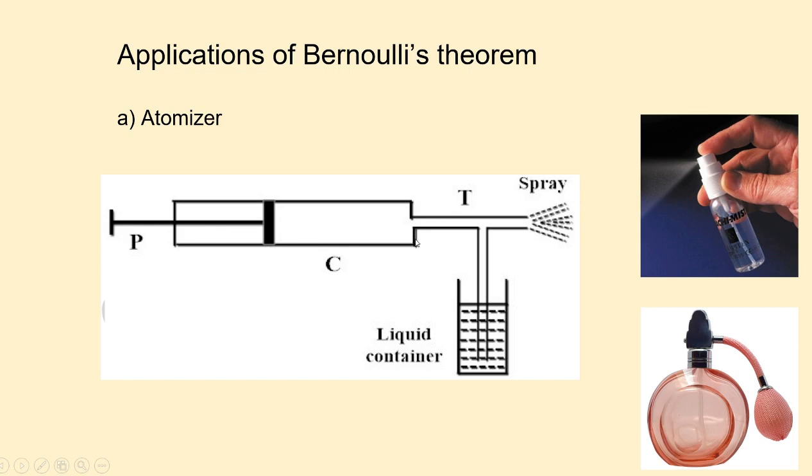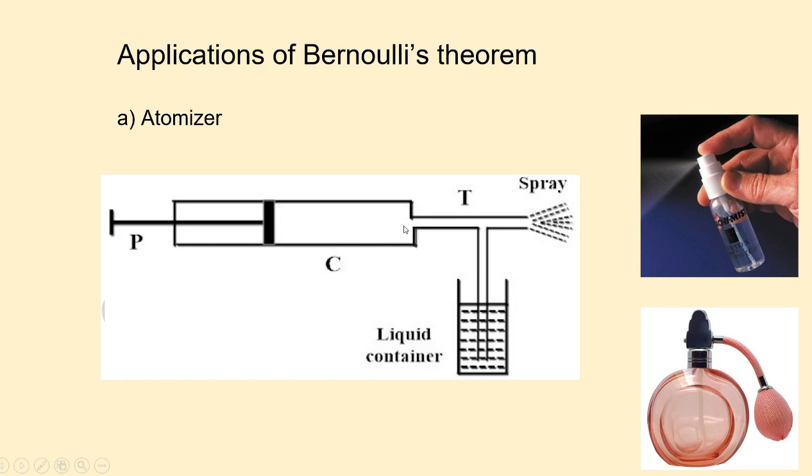What happened? In the T-section, the area of cross-section is smaller. Since the area of cross-section of the cylinder is larger than the area of cross-section of the T-section pipe, as a consequence of the continuity equation, the velocity of air moving through the T-section pipe is greater than the velocity of air in the cylinder, because according to the continuity equation, A1 V1 equals A2 V2.